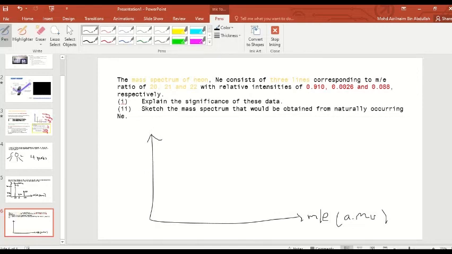This one adalah kita punya intensity. So this one adalah relative intensity.